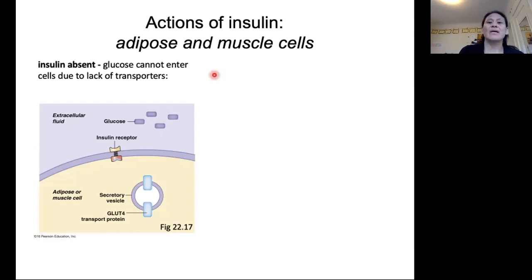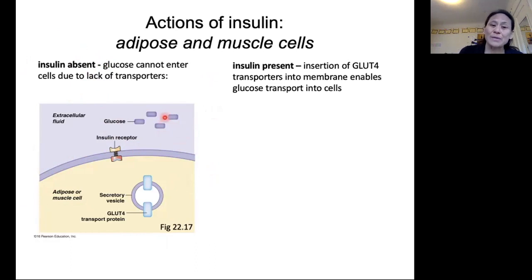take up glucose. Okay. So looking at the left panel here, we have our adipose or muscle cell right here. If insulin is absent, glucose can't come into the cell because there aren't transporters for the glucose to enter these cells.